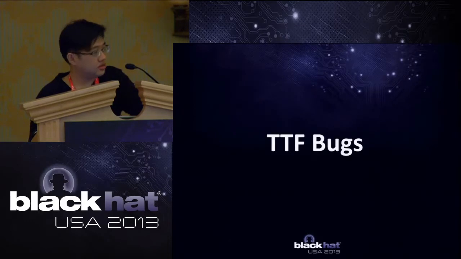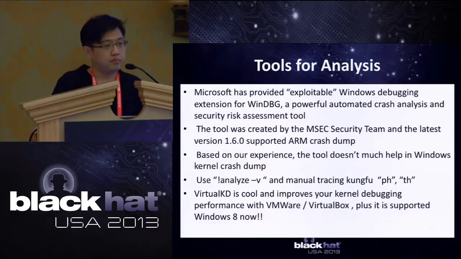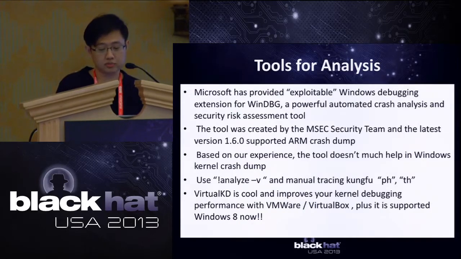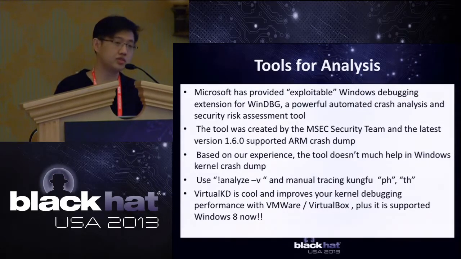And here in this section, we would like to share some findings of our fuzzing process. Microsoft provides a very cool WinDBG extension, the so-called exploitable plugin, to evaluate the crash dump file. The tool was created by the MSEC security team, and now the latest version even supports ARM.